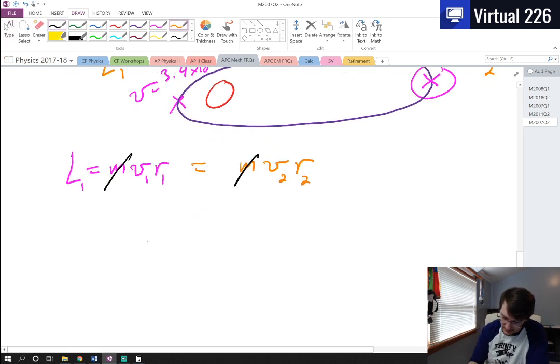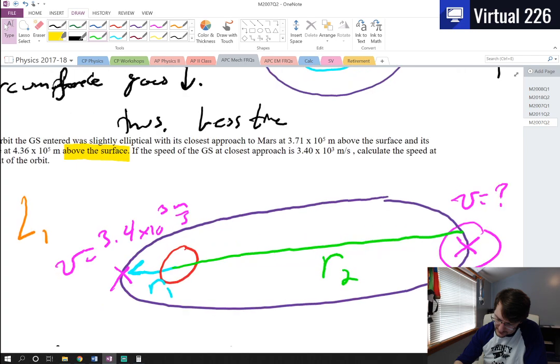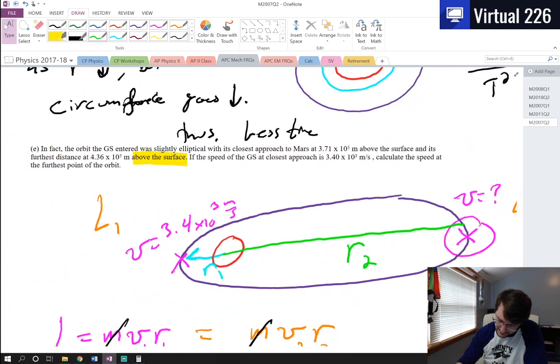And our velocity at the second position is just equal to the initial velocity multiplied by some ratio of the positions, where this is R1 and this is R2. They happen to give those to us in the problem to an extent.